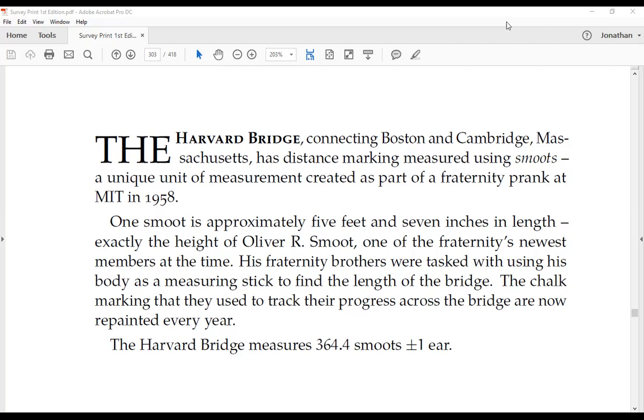His fraternity brothers were tasked with using his body as a measuring stick to find the length of the bridge. The chalk marking that they used to track their progress across the bridge are now repainted every year. The Harvard Bridge measures 364.4 smoots, plus or minus 1 ear.